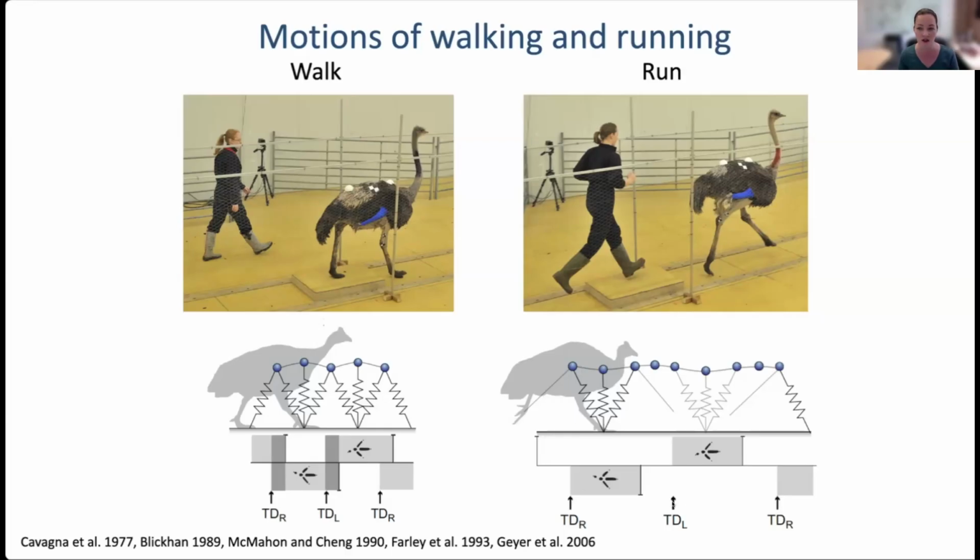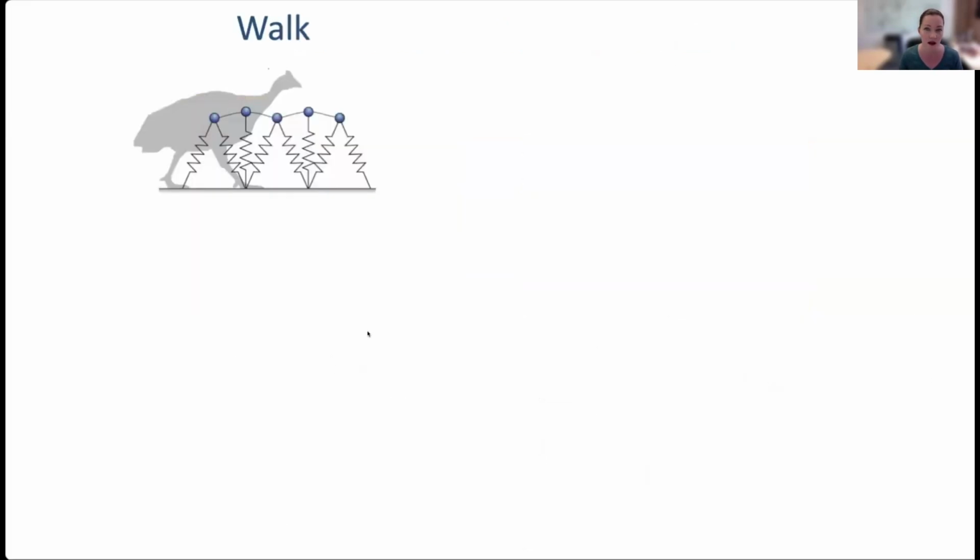So we can see an illustration of the foot contact pattern for running gait here, where there's still alternating right and left contacts, but there's an aerial phase between contacts. But it's not just the foot contact patterns that distinguish them.